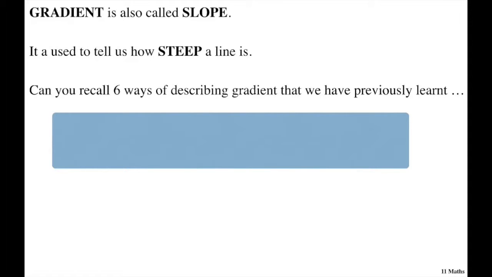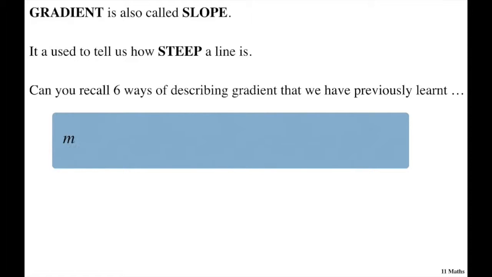There were 6 different ways that we've described gradient in the past. Can you remember what any of them are? I've got 3 of them in bold at the top of the screen already: gradient, slope, steepness. What were some other ways that we described this concept?